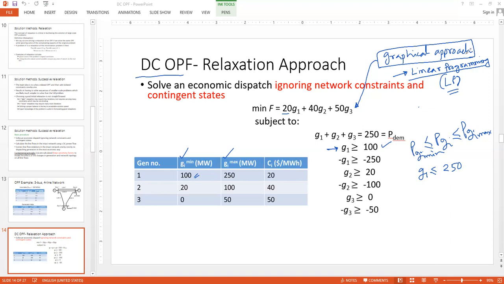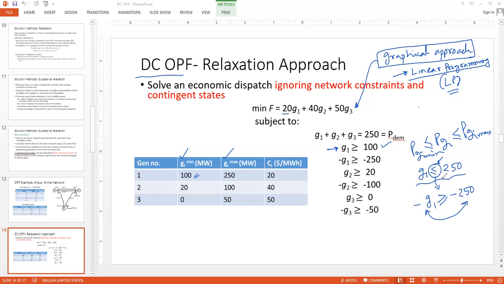So in the graphical approach, we will reform the given constraints like this. The less than or equal to constraints will be converted to the corresponding greater than or equal to constraints, all of them. So whenever we find anything like this, we can simply change the sign of the inequality, and at the same time we have to take care of the signs of the associated terms appearing on either side of the inequality sign.